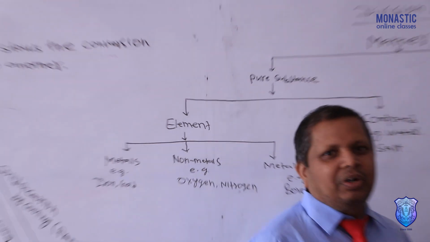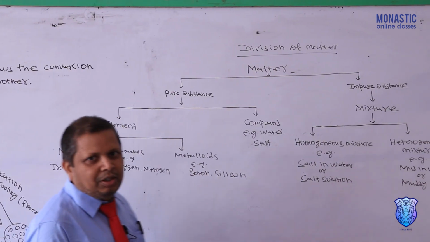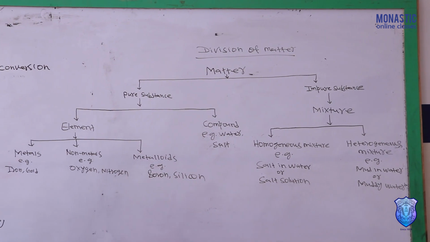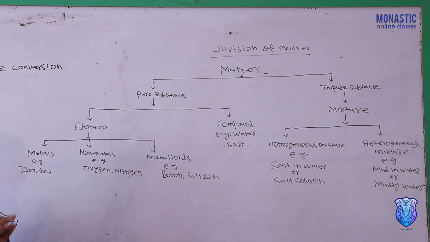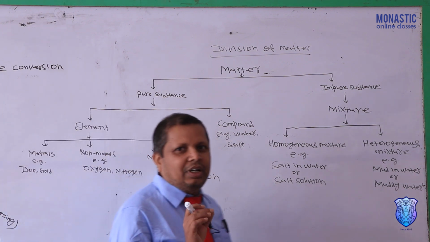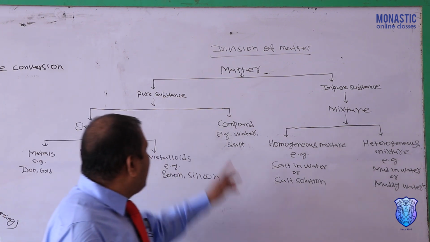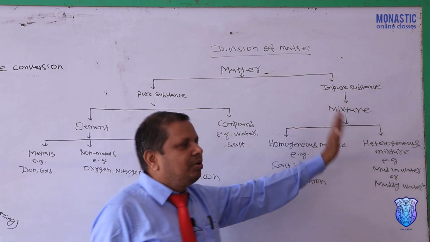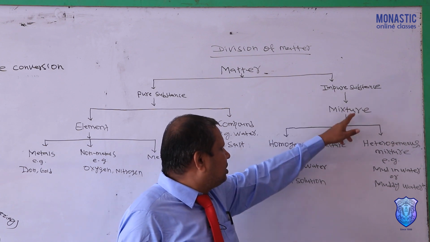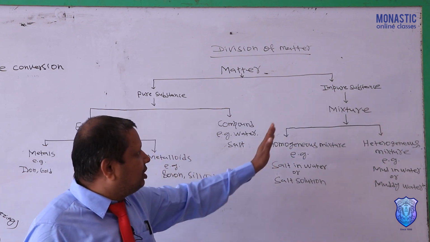Pure substances have fixed composition and fixed properties. Impure substances do not have fixed composition and properties. Further, impure substances are classified as mixtures.